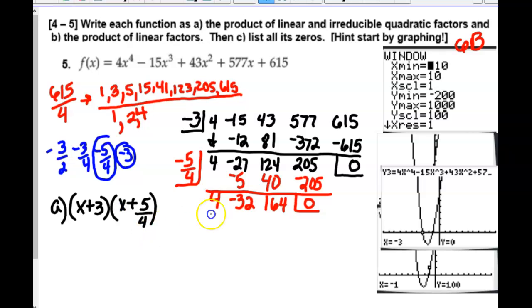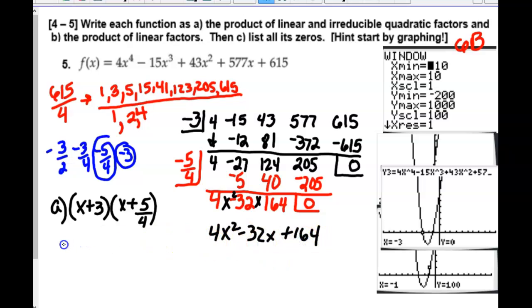Okay. This down here represents what? This depressed polynomial, 4x squared minus 32x plus 164. What's the deal with all that? Why is it reducible or factorable?